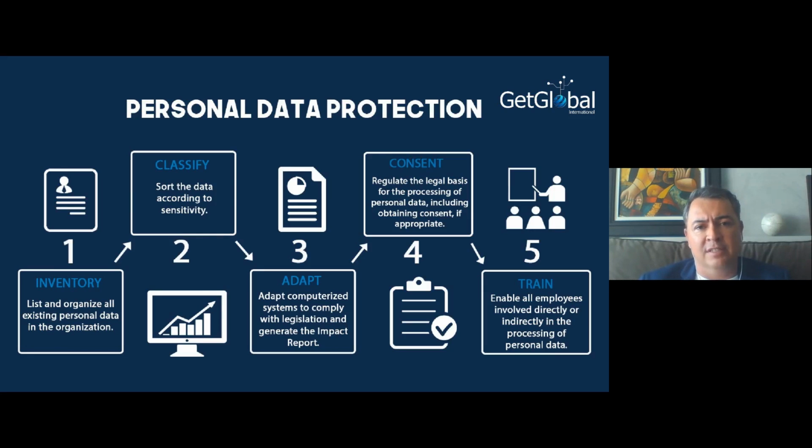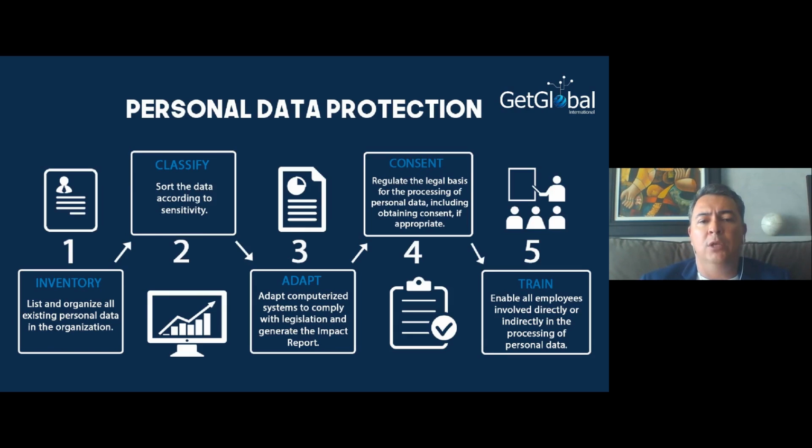The fourth step, if we weren't able, for example, to identify any lawful base during the second step, so we don't have any legal base, we are not able to process the data. We need to decide what we are going to do with that database. Are we going to anonymize the data?